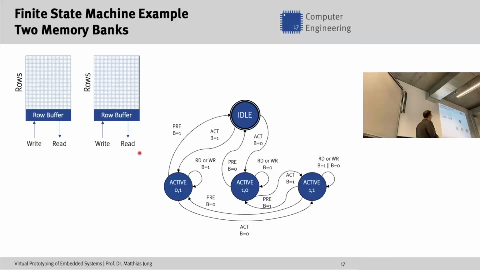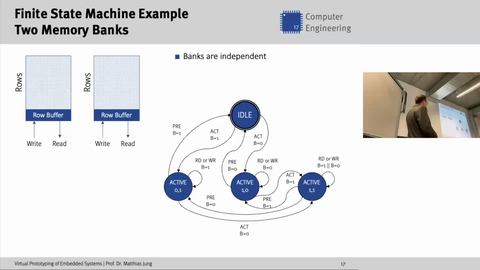So it could be that this bank is active, or this bank is active, or both banks are active. So both banks have one activated row. Yeah, and you see already the state machine gets a little bit more complicated.